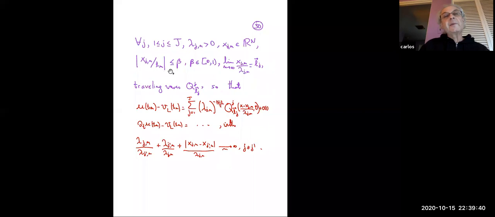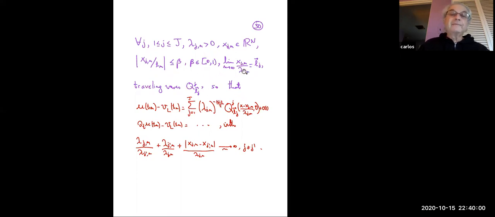The centers remain well within the light cone. When you rescale the centers by the scalings, you obtain directions l_j, which are also within the light cone because the lambda_jn's are much smaller than t_n.